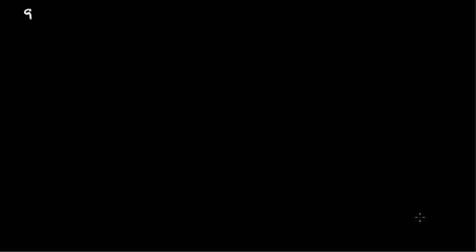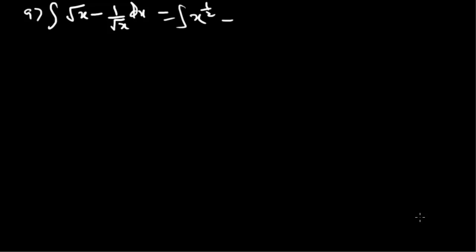Now we take the ninth problem. Integral root x minus 1 by root x into dx. Here root x cannot be integrated as it is, but it should be written by indices. Integral x power half minus 1 by root x, I keep it like that. We can write it as x power minus half here, but we have a ready-made formula for 1 by root x whose integration can easily be written.